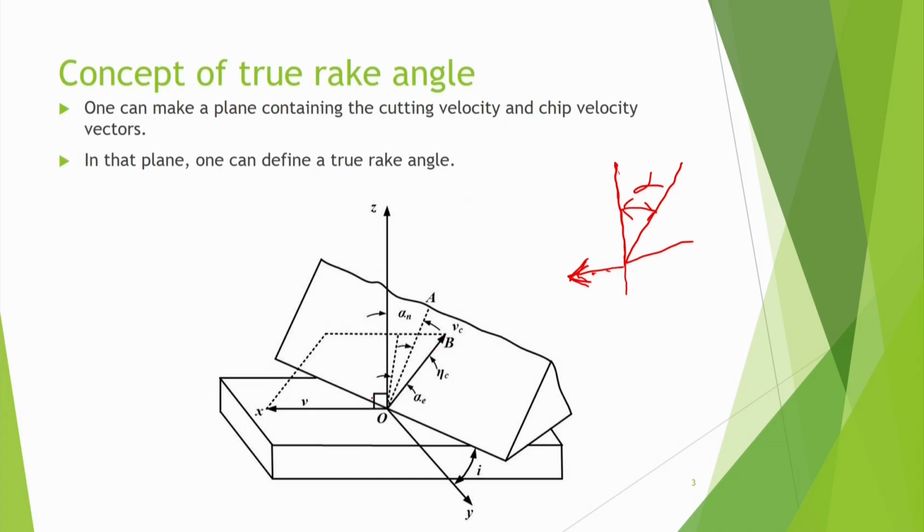You make a parallelogram like this, and in this plane eta c is what we call the chip flow angle. If I show the inclination of the surface on this plane, we say it is the two rake plane, and that is called the two rake angle.